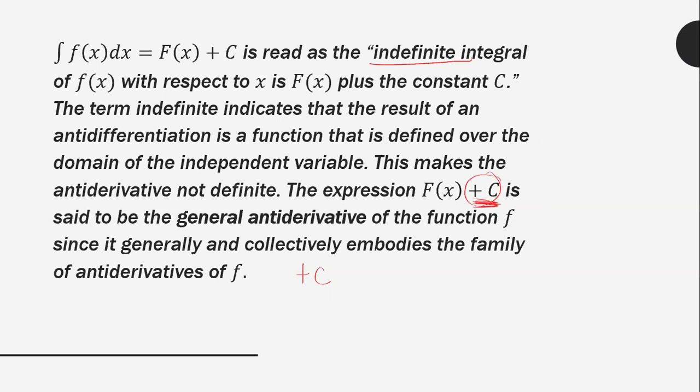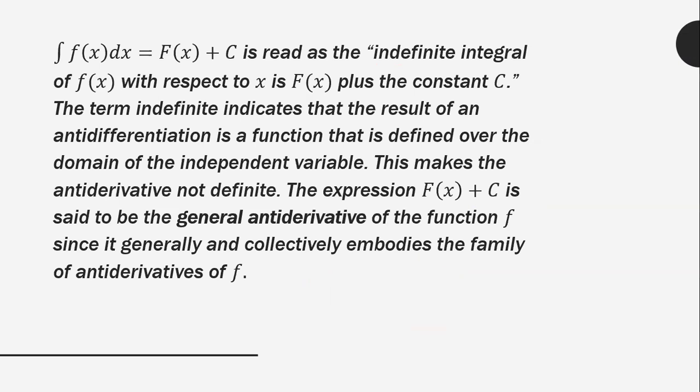So it's indefinite. The second type of integral is called the definite integral. When we say definite integral, we already know the value of c. So c could be obtained. When you look for the exact value of that constant, then that becomes a definite integral.